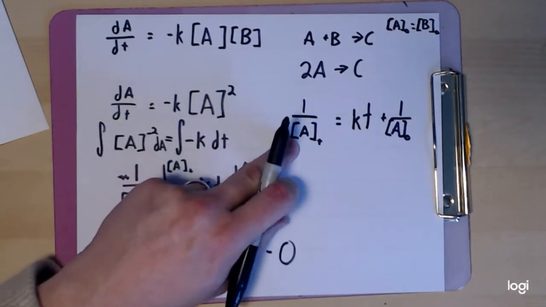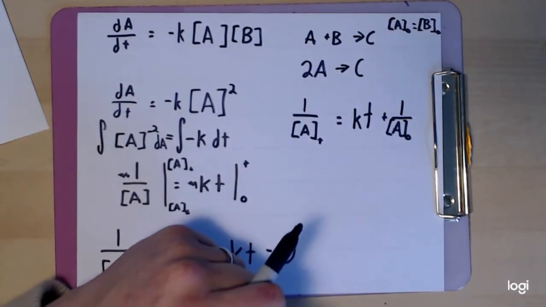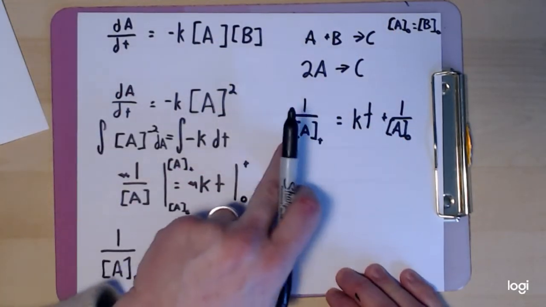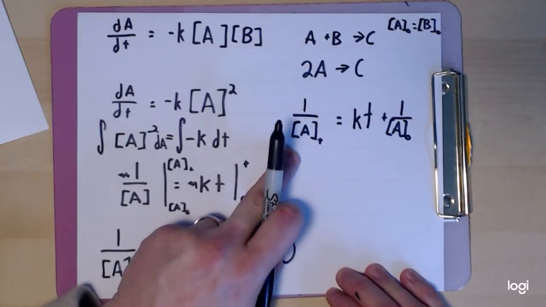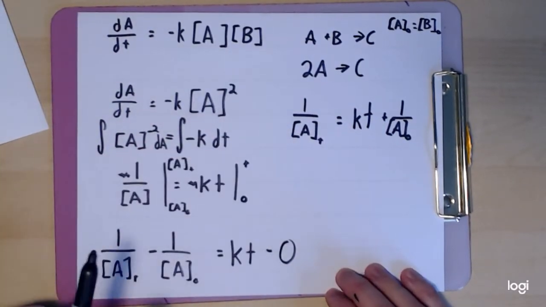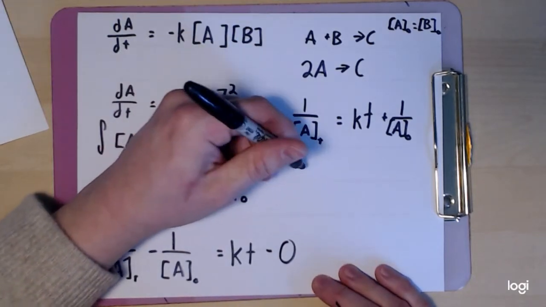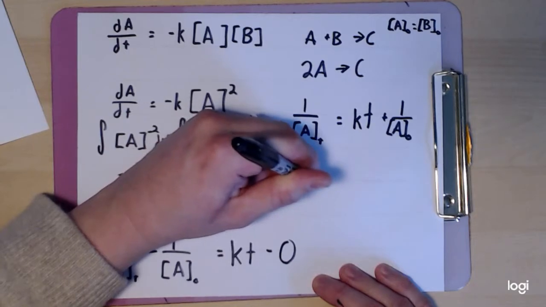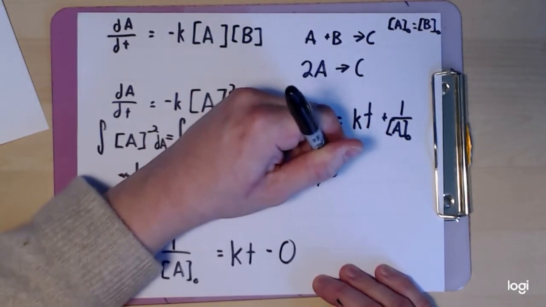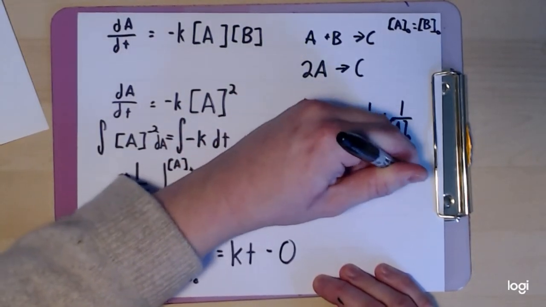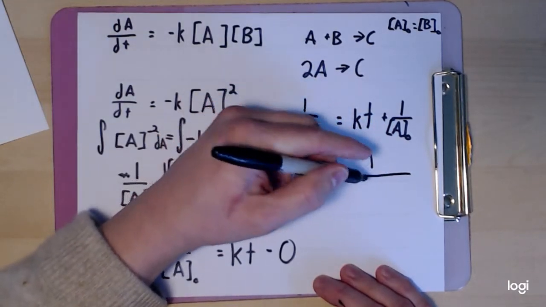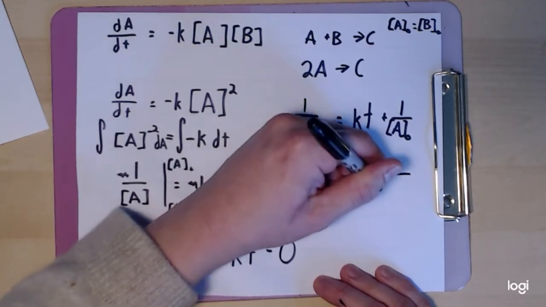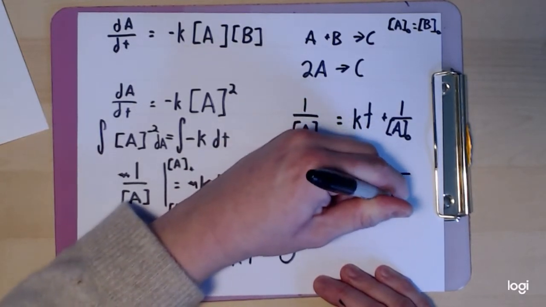And this is a nice little expression because this is a constant and this is a line with a slope, so this has a linear relation to this concentration. And if you want to solve for this, you can just take the reciprocal, and you end up with your concentration of A at time t equals 1 over kt plus 1 over A naught.